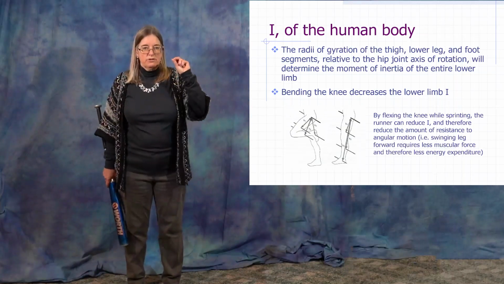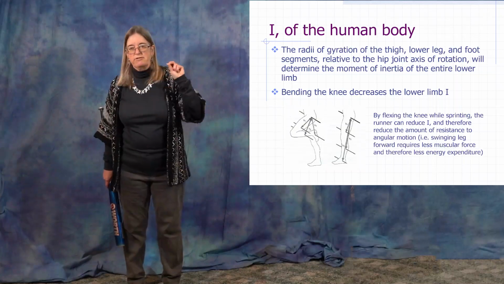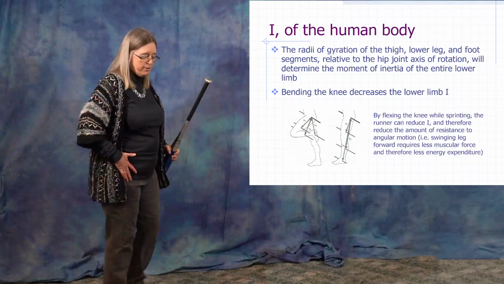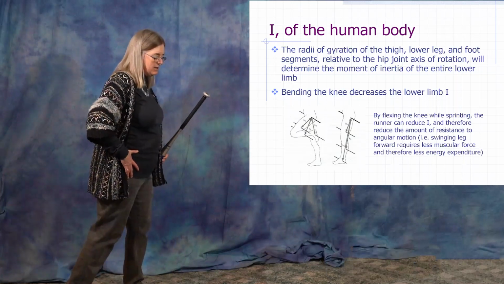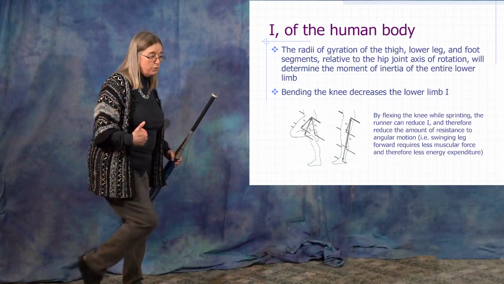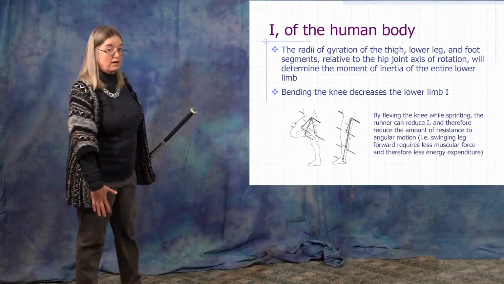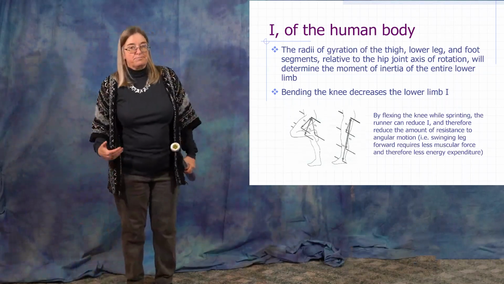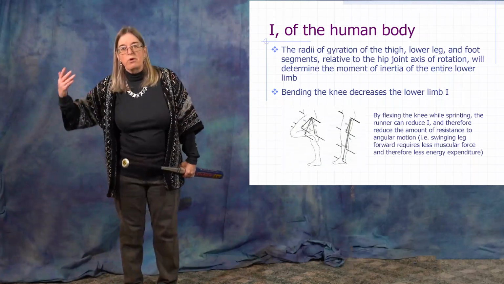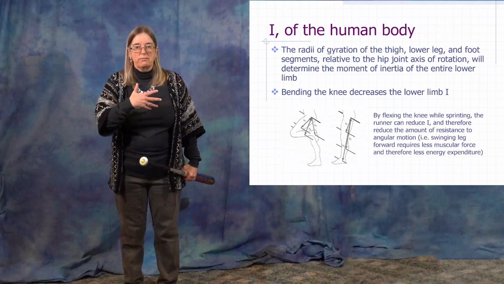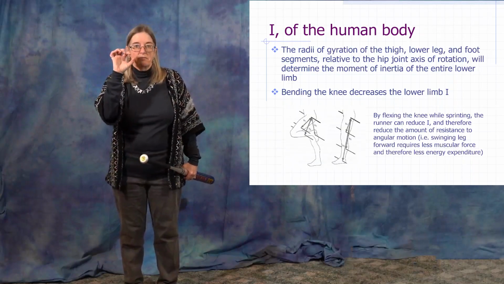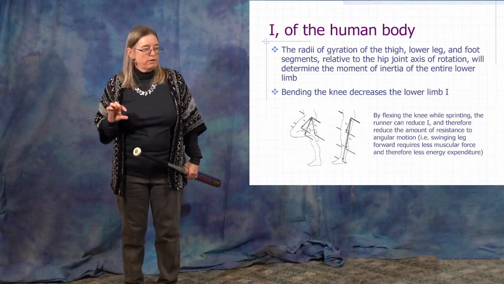Torque equals I alpha. If the torque is being created by your flexor muscles at your hip, and the I is smaller, which it will be when it's tucked than when it's straight, you get more acceleration for the same torque because that moment of inertia is smaller.